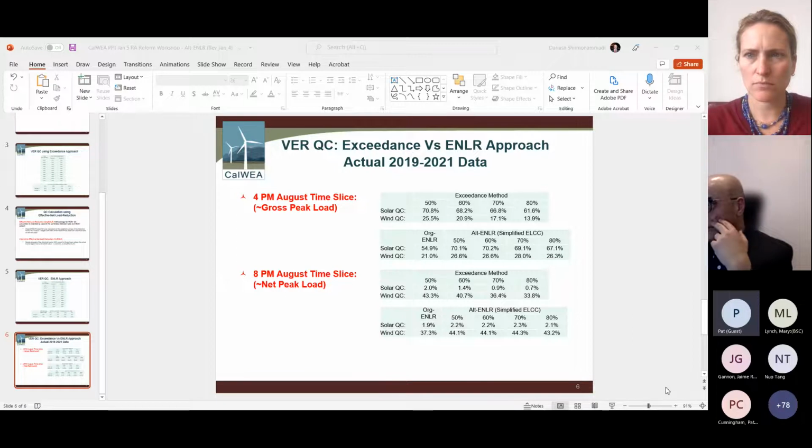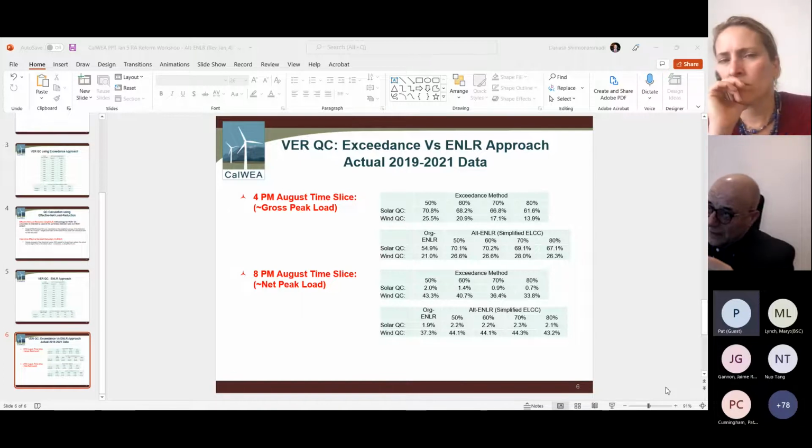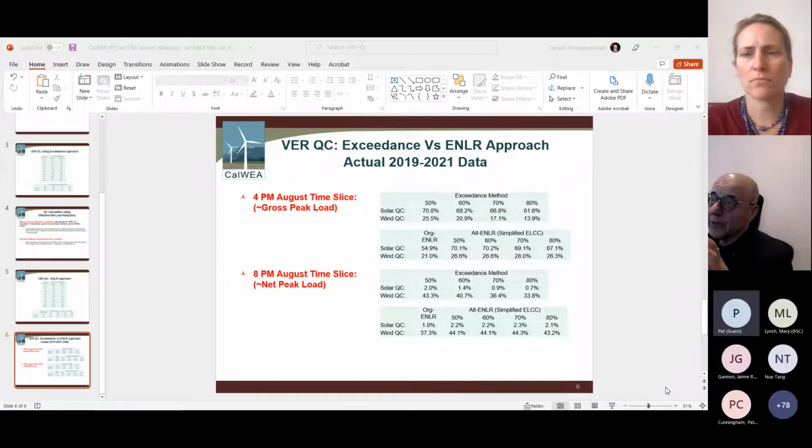This approach captures correlation, but maybe we have to think about how to deal with target sampling for future, but definitely exceedance totally forgets about whether that capacity is needed or not.